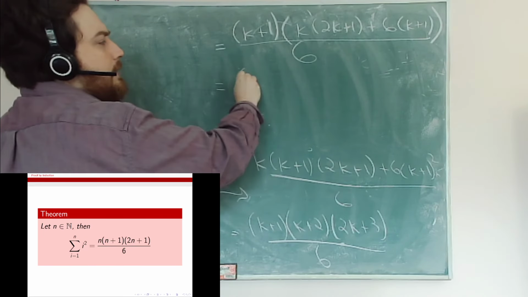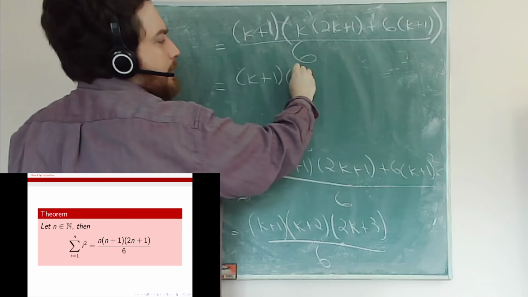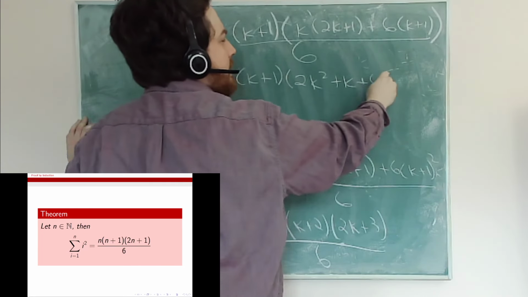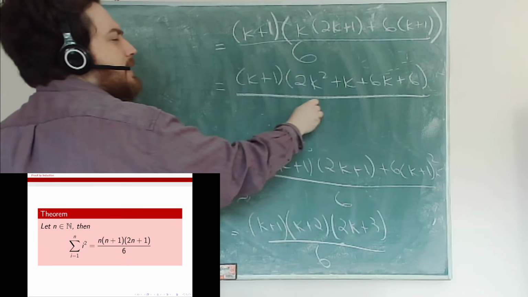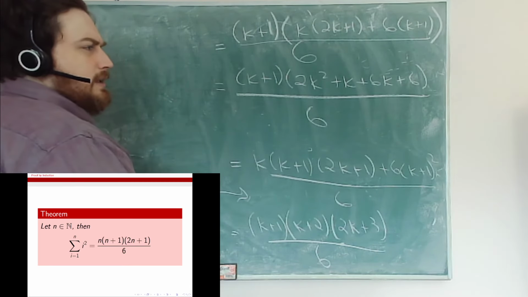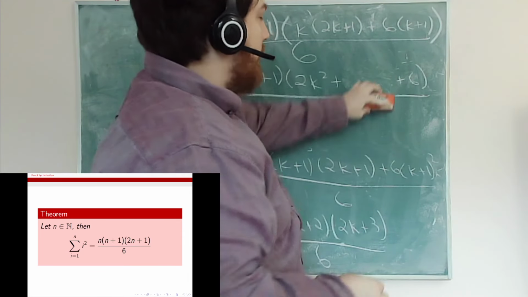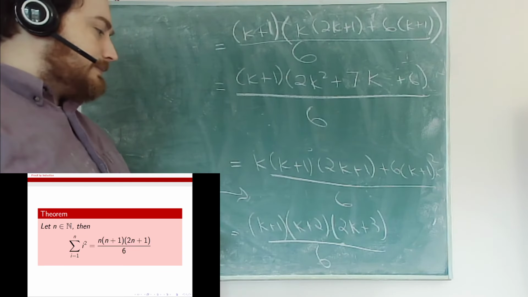All right, if I do a little bit more simplification, I can distribute this out. I get 2k squared plus k plus 6k plus 6 divided by 6. If I combine like terms here, I get 2k squared plus 7k plus 6.